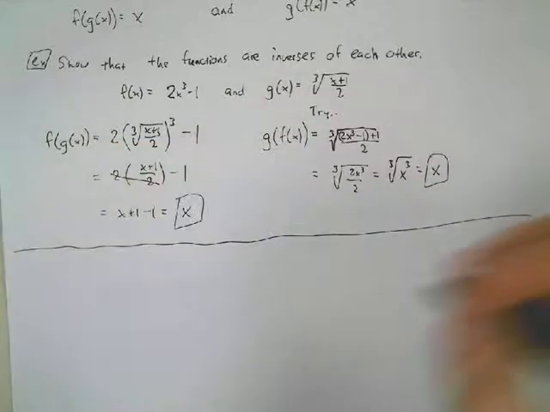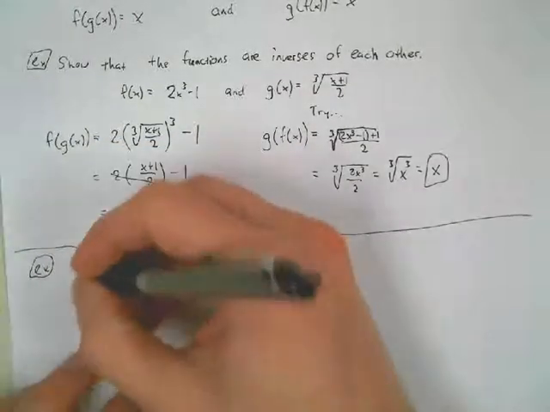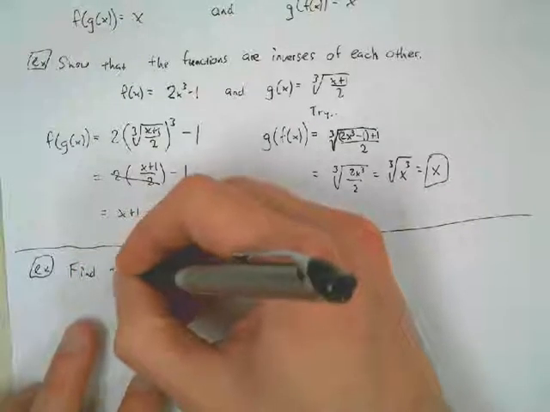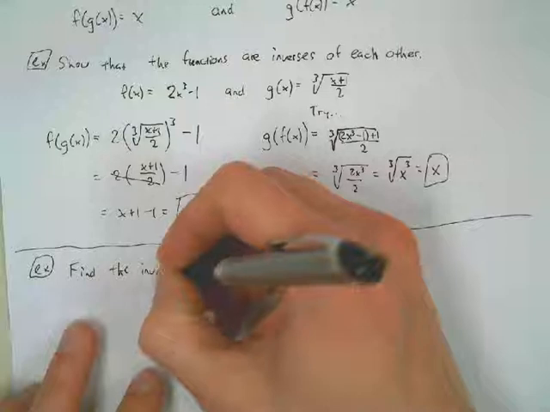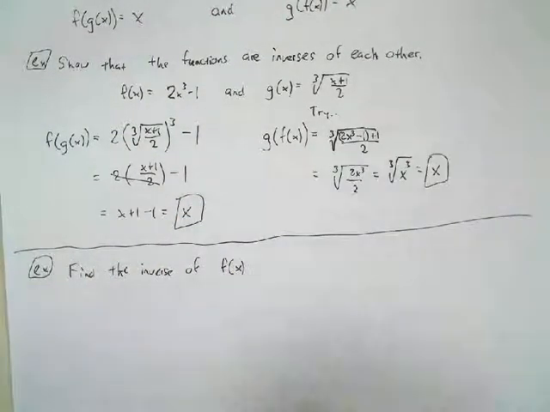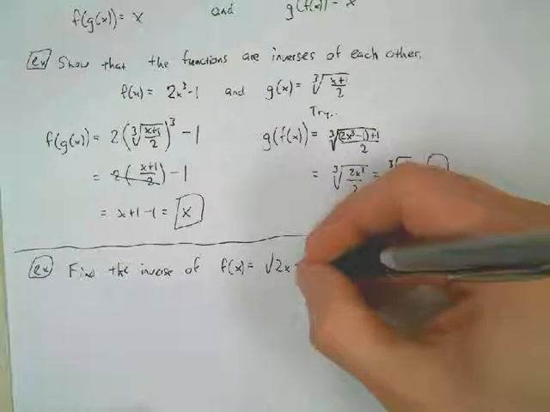In addition, we also need to remember how to find the inverse of our function. So find the inverse of, and we'll just do one of these. So we want to find the inverse of square root of 2x minus 3.